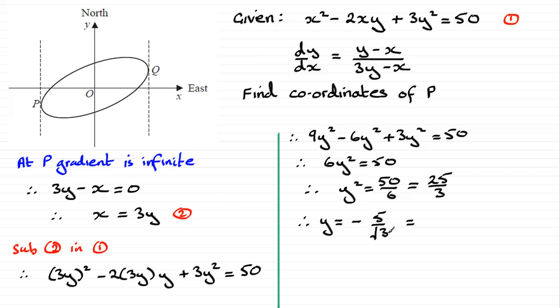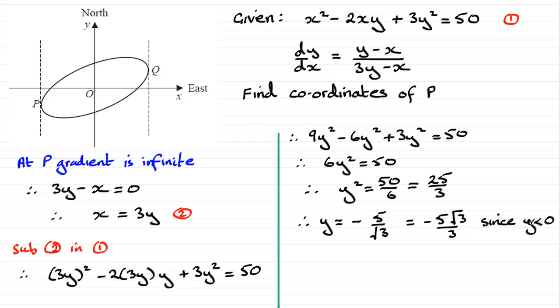And if you do that, you're going to end up with minus 5 root 3 all over 3. Remember, we're forgetting the positive value because y must be a negative value, must be less than 0.